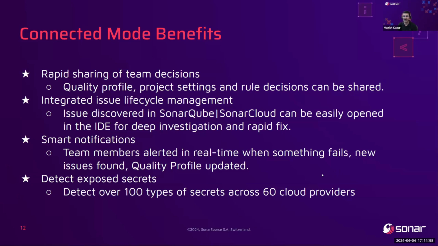They scan it. What is the problem there? I think it's too late. The secret has already gone into the repository and it's already exposed. If you catch the secrets and take corrective action in the IDE, that is a much better approach, and it's less costly and less time consuming for you. And we'll talk a little bit more about this in the upcoming slides.